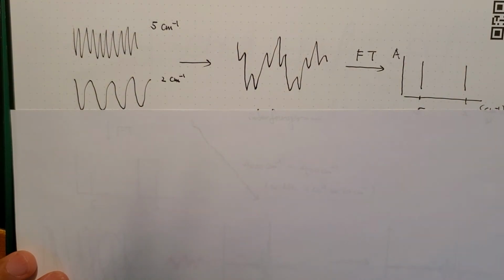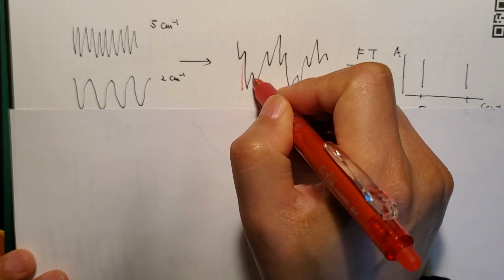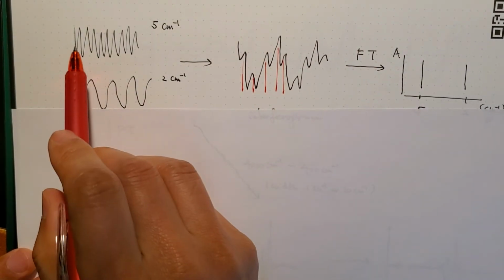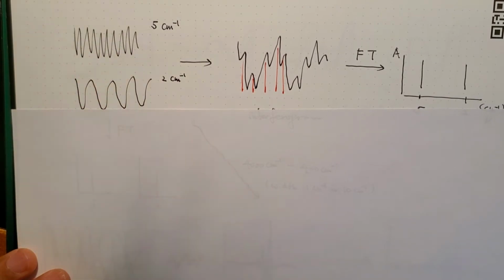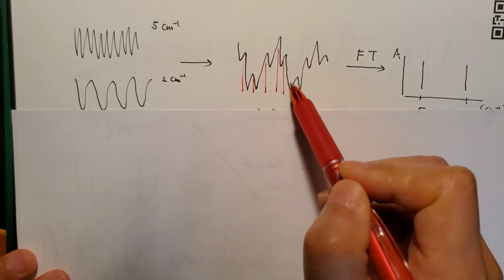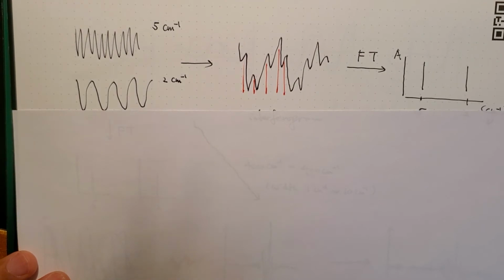I know my drawing is not in the right scale, but what it is meant to be is that this is identical to this, okay? And then I hope you can see the new frequency came out, because they have a difference in the phase.